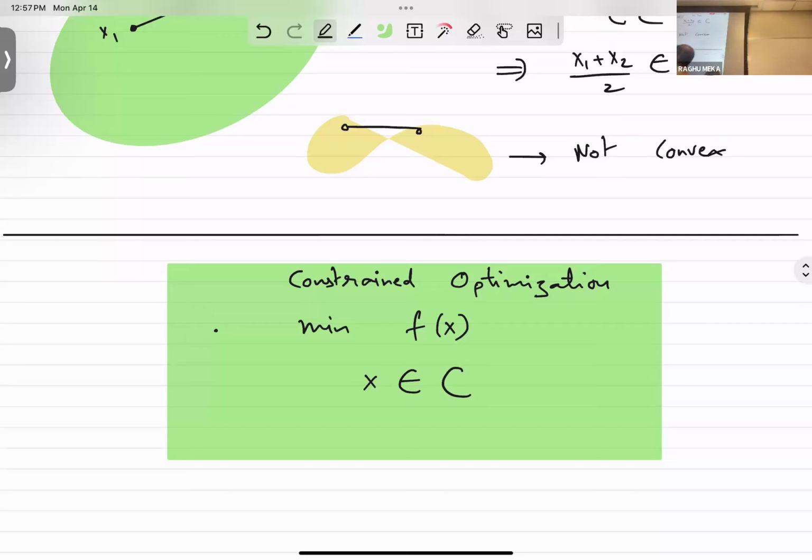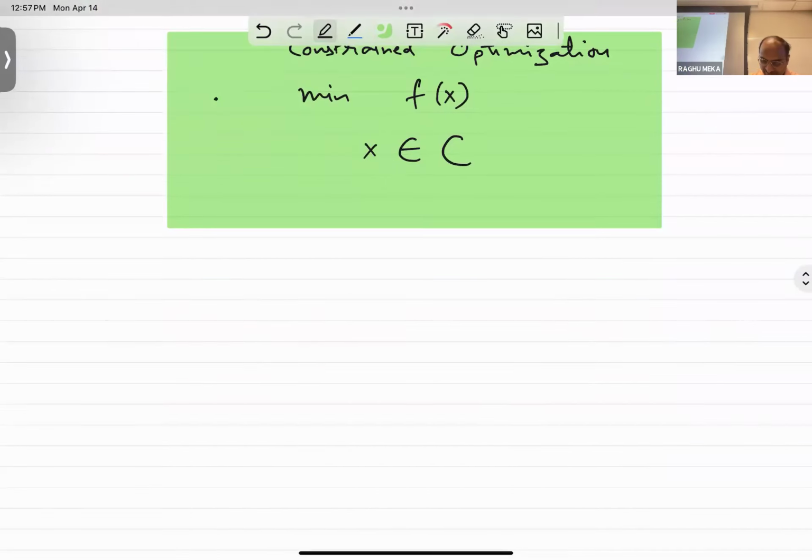So we saw that if my goal is just to minimize the function f of x, then I can use gradient descent. I can at least apply it and hope that it converges to the minimum. But now if I have this additional constraint that my x should be in the convex set, what can I do? It's not clear if there is a natural version.